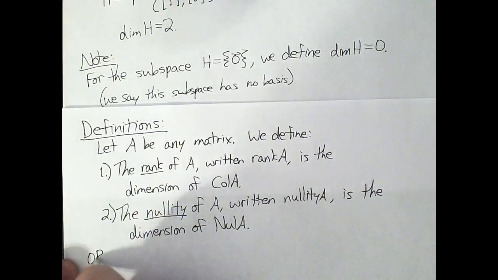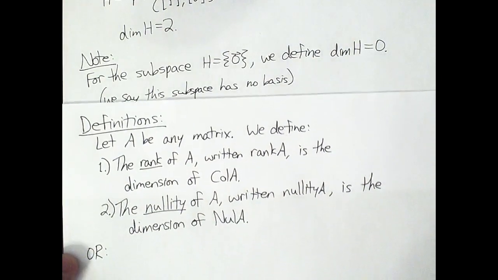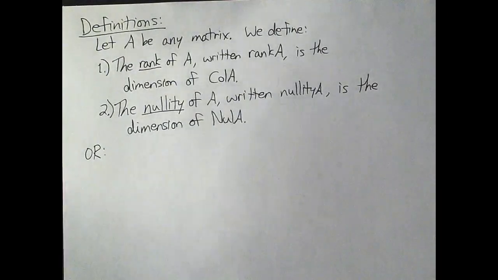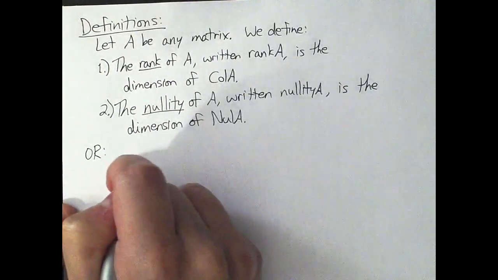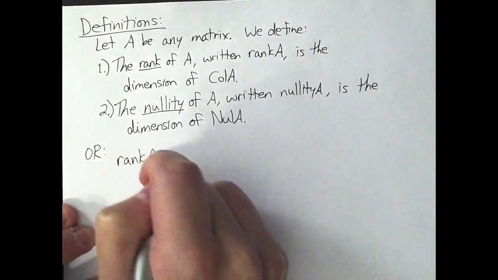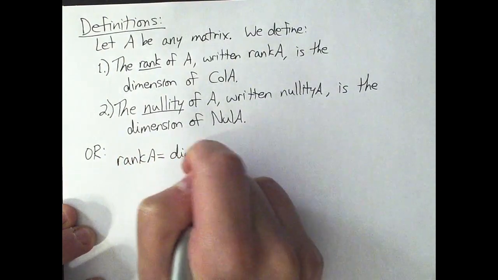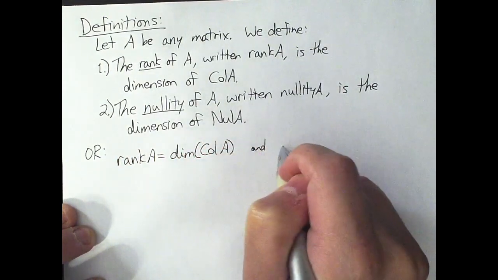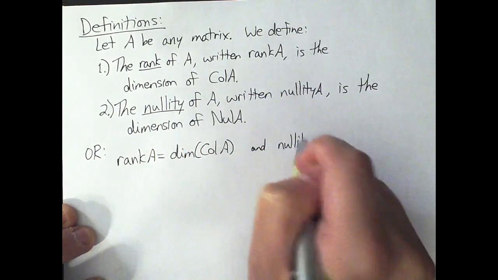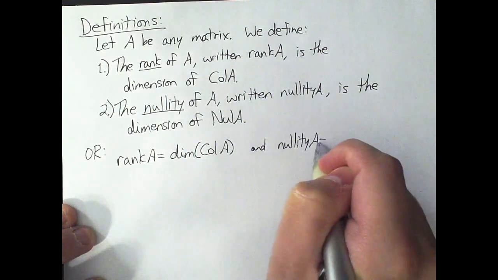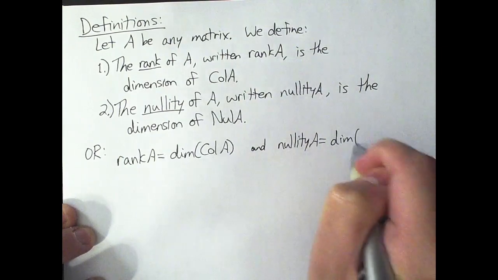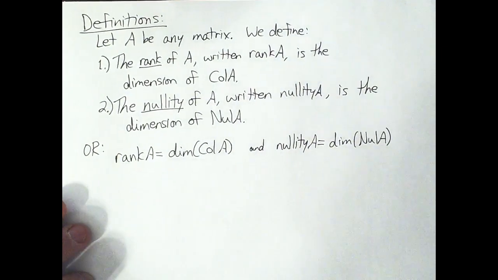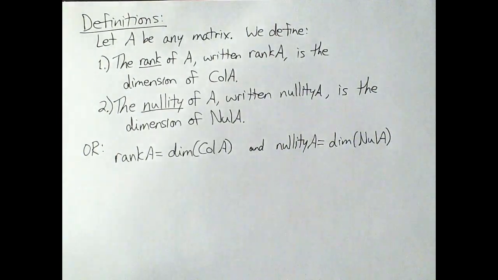I'll write this anyway: rank A equals dim col A, and nullity A equals dim null A. Dimension of those things.